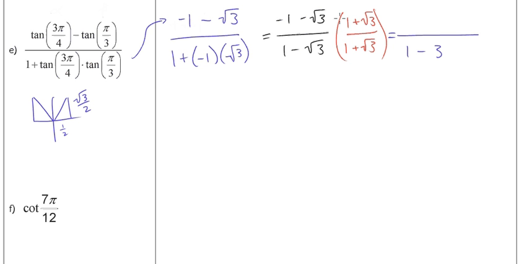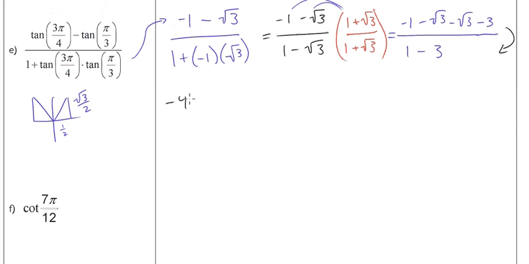In the numerator, that's going to be -1 minus the square root of 3, minus the square root of 3, and minus 3. Clean that all up, and what's -1 minus 3?